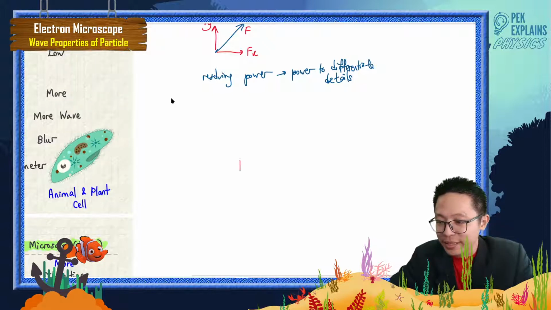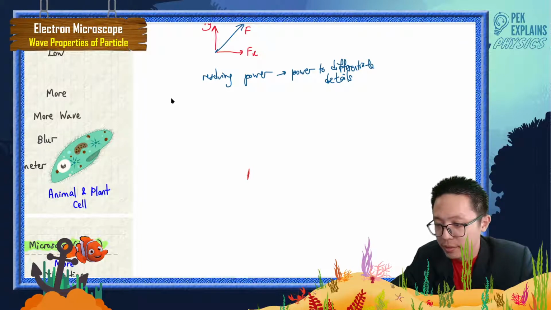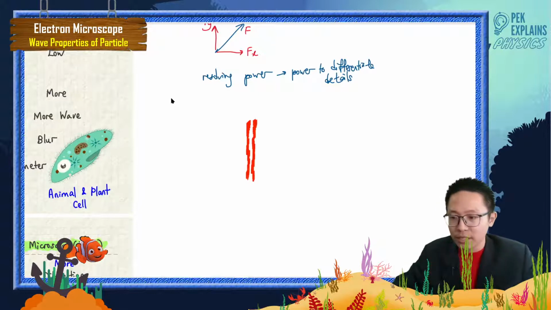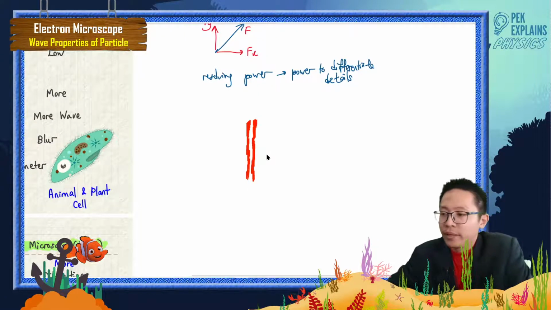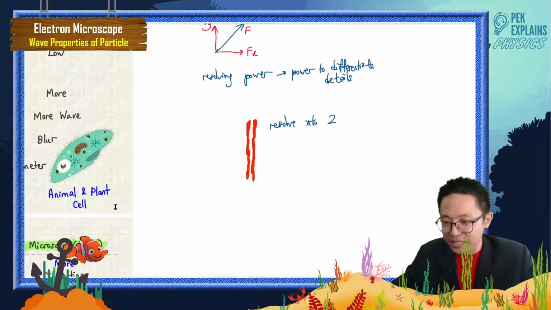You see these two lines. Let me rub it off. I don't like this line and this line. Now here you can see, you resolve into two. Easily you can resolve into two, isn't it?